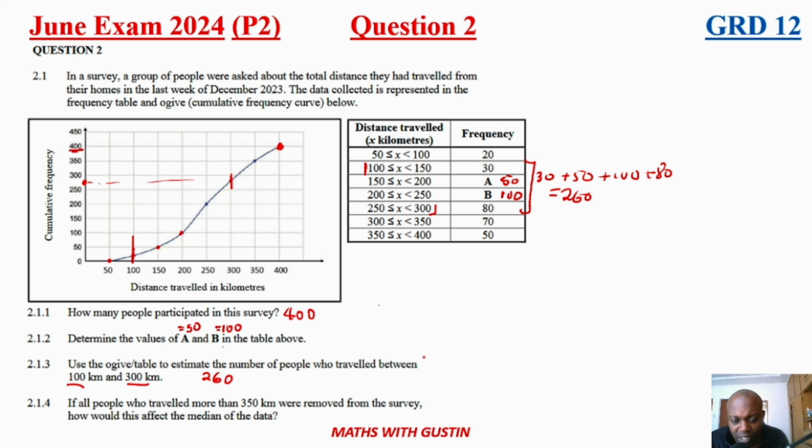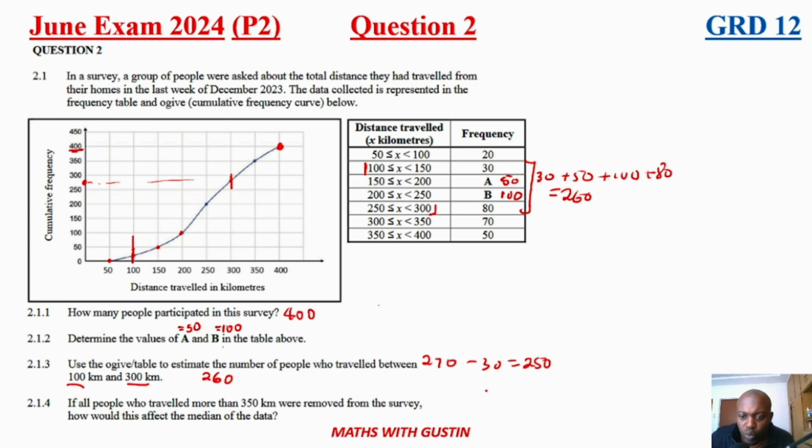Let's say 270, and then minus this one here at 100, which we know is 30. When you minus 30 there, you will get 250. And that's how you would deal with a question like this one.